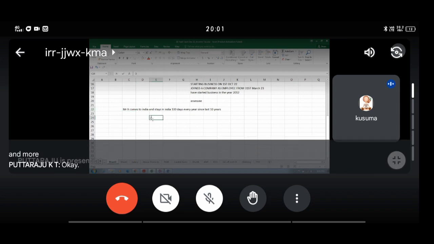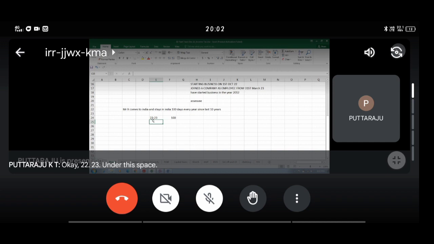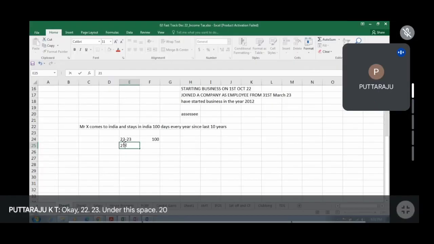Okay. 22-23, 100 days he stays. 20-21, 22, 20-21, 19-20, 18-19.